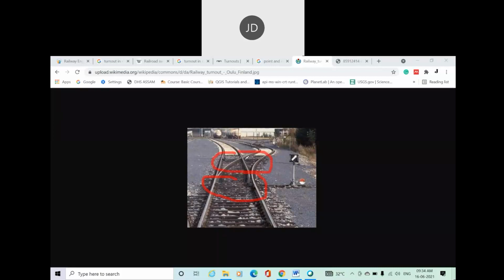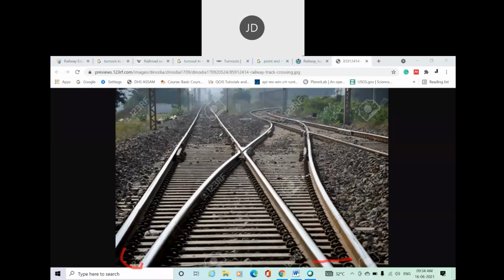I'll show you in this diagram. It is a bigger diagram here. Somewhere here it will be a point or switch, and suppose a train is moving in this direction, so it will cross over this straight railway track.